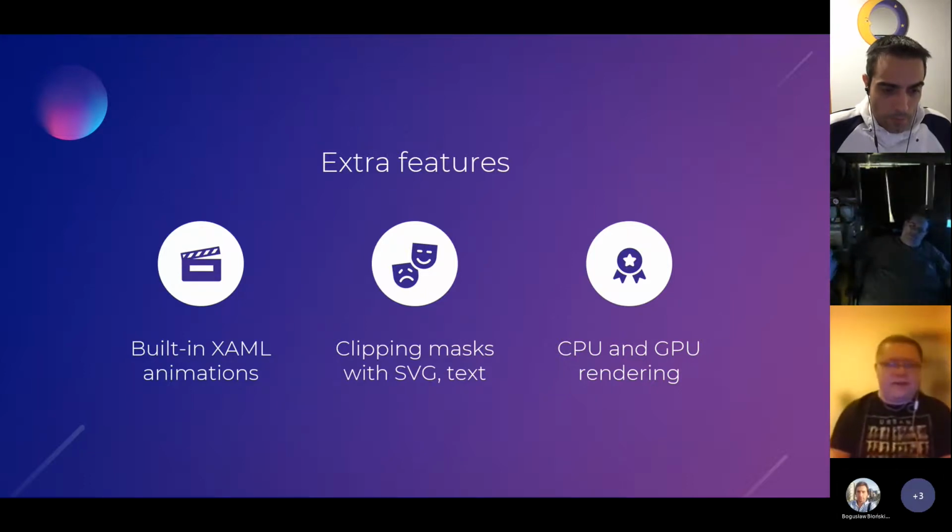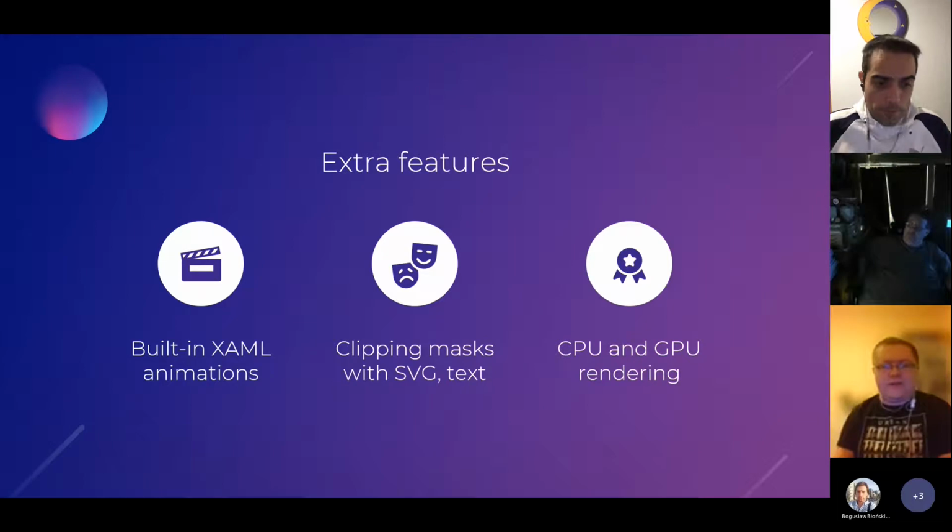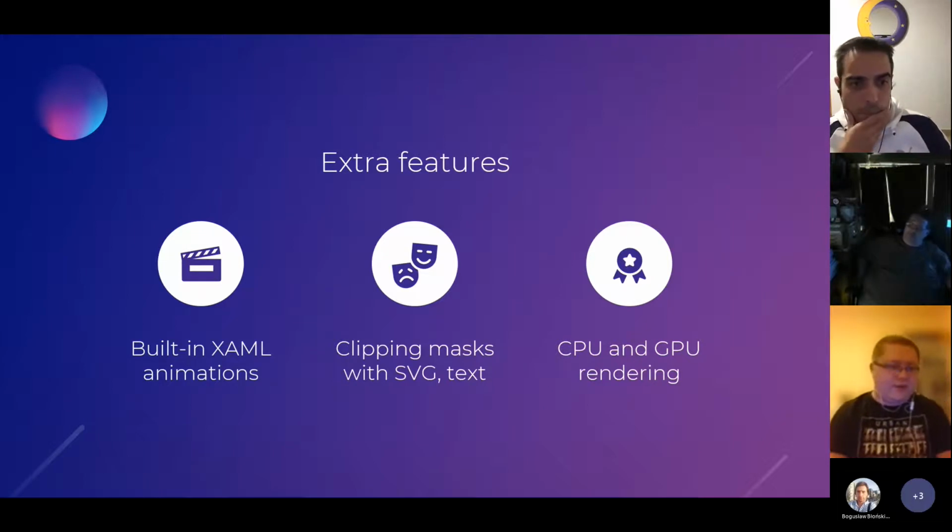So we can take the value of a property and change it over time in different time frames. And those animations can be used on any part of the gradients. So we can animate the gradient itself, and we can animate any stop of the gradients, because they are designed to work at the bindable object level. So we don't have to provide a visual element as the target, but a bindable object is fine for them.